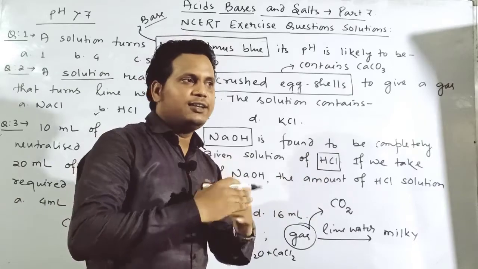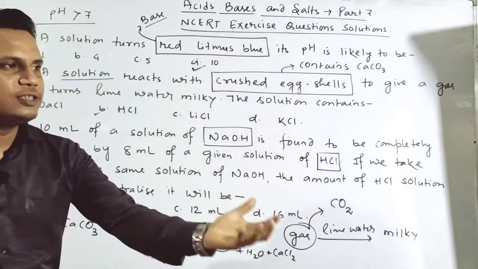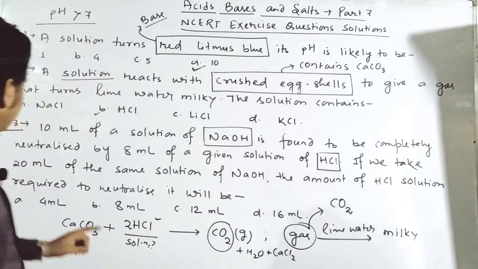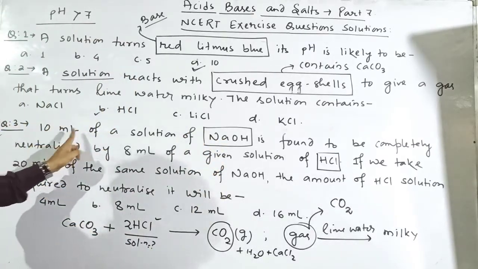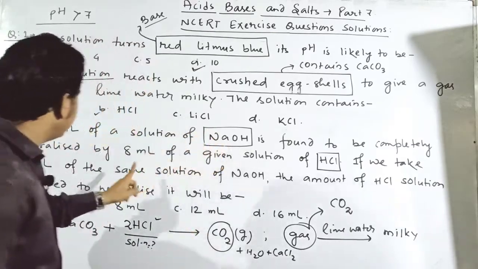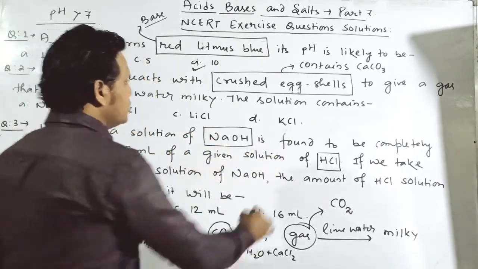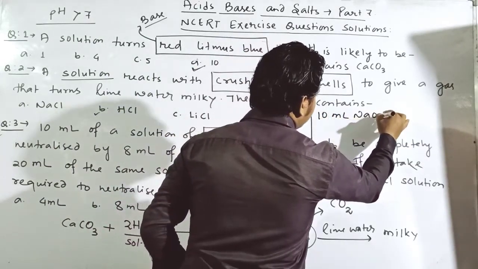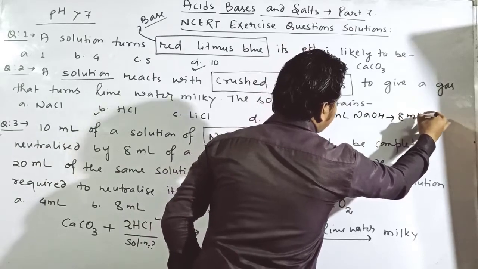So acid neutralizes base as well as base neutralizes acid. So in the given question, 10 ml of base neutralizes 8 ml of acid. So we can say that 10 ml NaOH neutralizes 8 ml HCl.